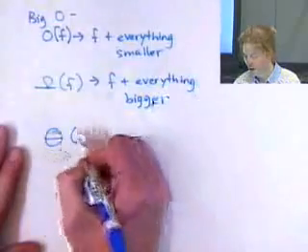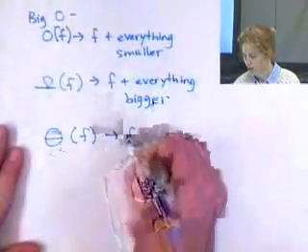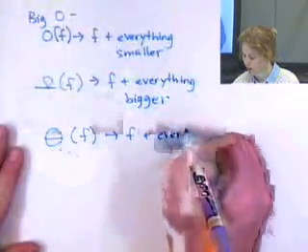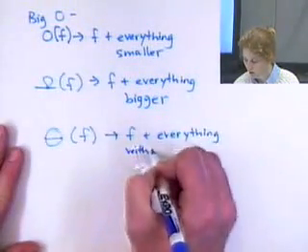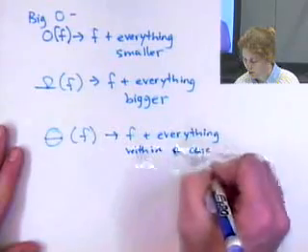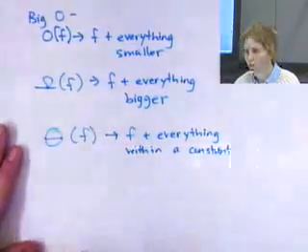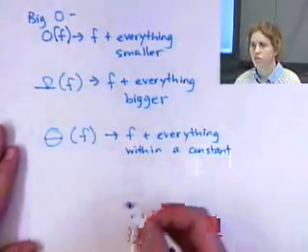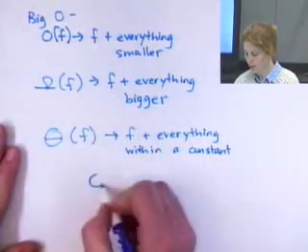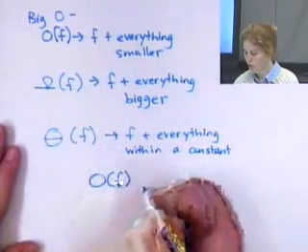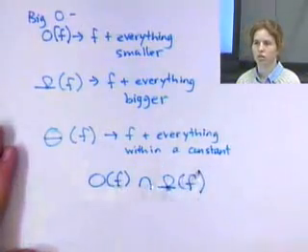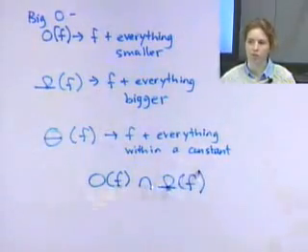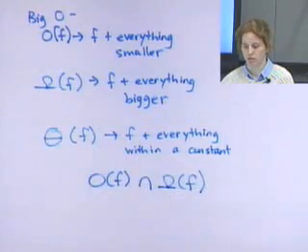So big theta of f is going to be f and everything within a constant. So big theta is actually big O of f intersected with big omega of f. So everything that's in both of those is actually in the big theta.